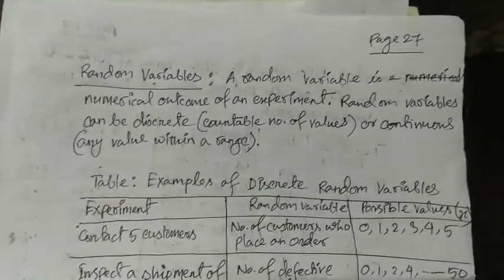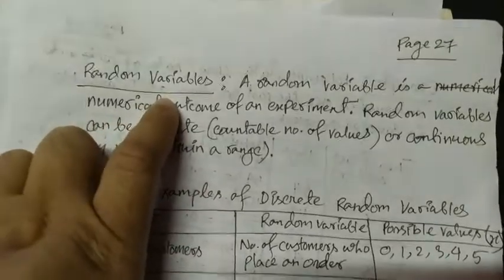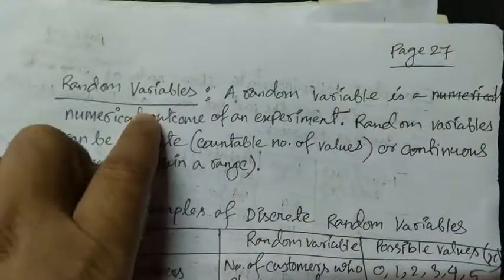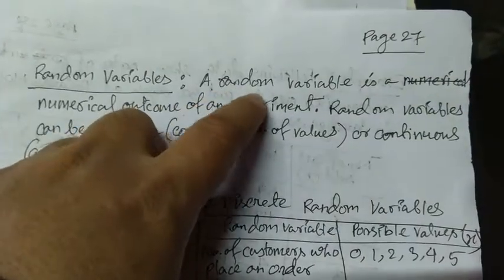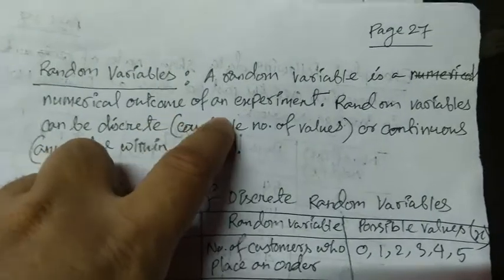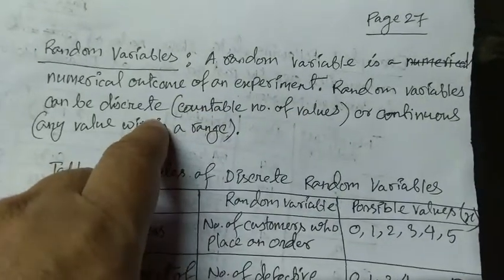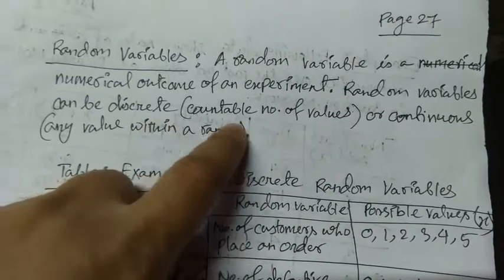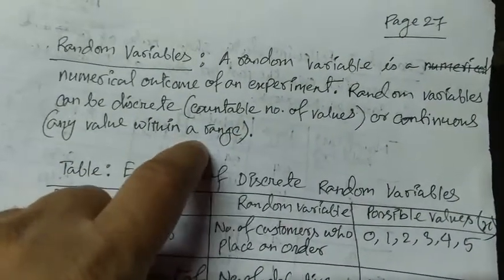Now we will move to page 27, random variables. Let's see what a random variable is. A random variable is a numerical outcome of an experiment. Random variables can be discrete, that means a countable number of values, or continuous, that means any value within a range.